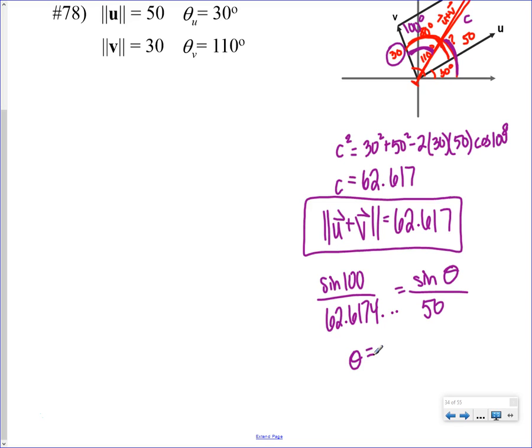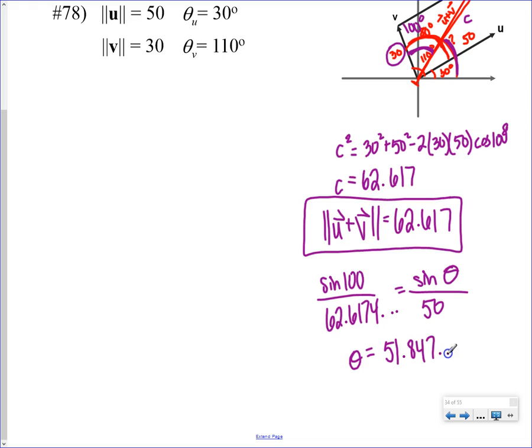So I'm going to do sine inverse of 50 times sine of 100 divided by 62. Oh, hold on, let me just go get my nice big calculator. There we go. Did you guys get 51.847? But I don't want 51.847, even though I'm going to write it down. Back me up. Who says yes?